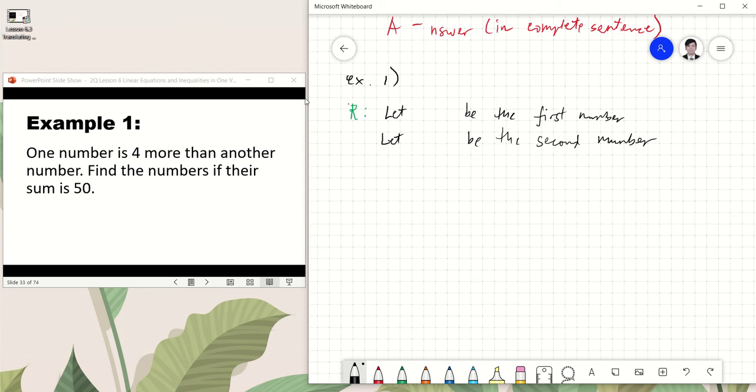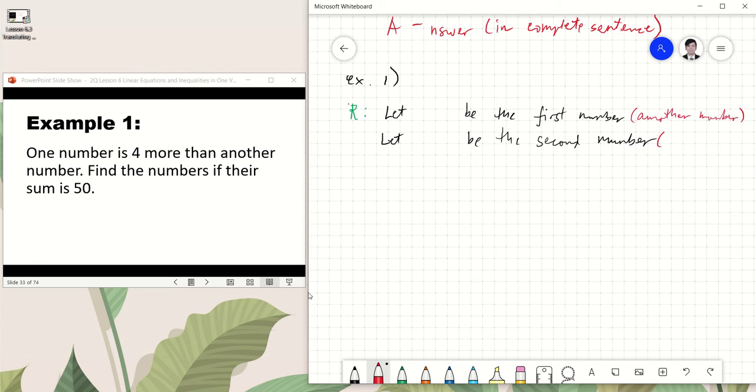Okay. It says that from the first sentence, one number is 4 more than another number. So, meaning yung one number natin is dependent to the another number. So, what if yung another number natin is yung first number natin?